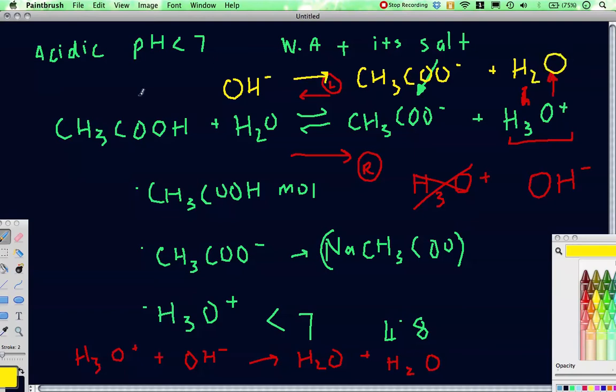So that's another way in which the hydroxide ions can be removed, by reacting them with these whole molecules of acetic acid.